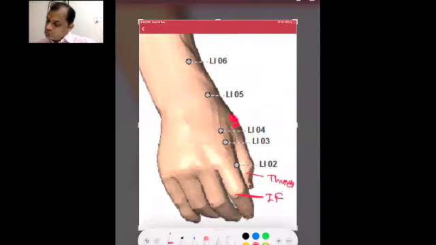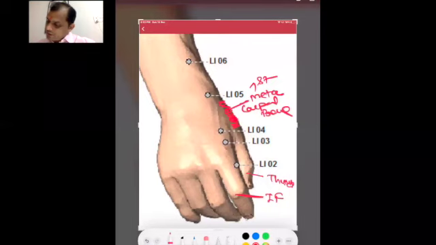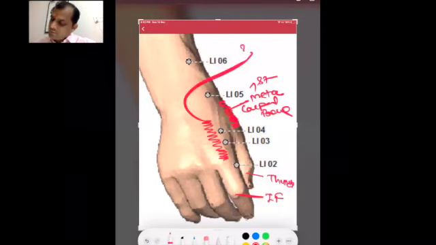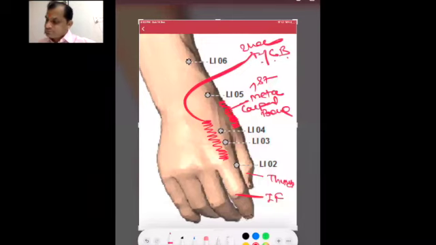This is the first metacarpal bone, and this one is the second metacarpal bone.